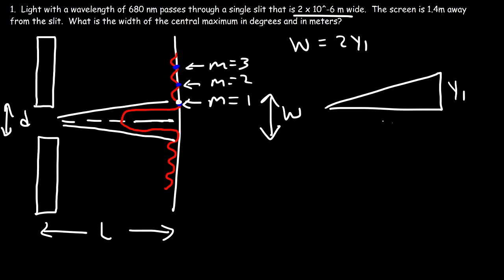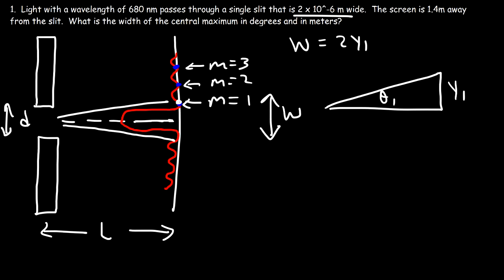Now we also want the angle of the central maximum. So let's say this is theta 1. So the angle that we want is really this total angle, or 2 theta 1. So that's going to be the angular width, so to speak. So if we can calculate theta 1, we can calculate all of it.